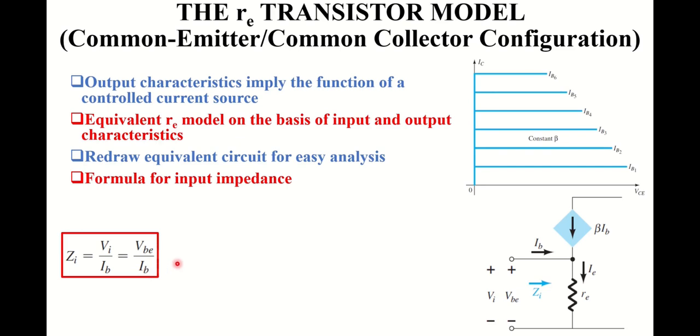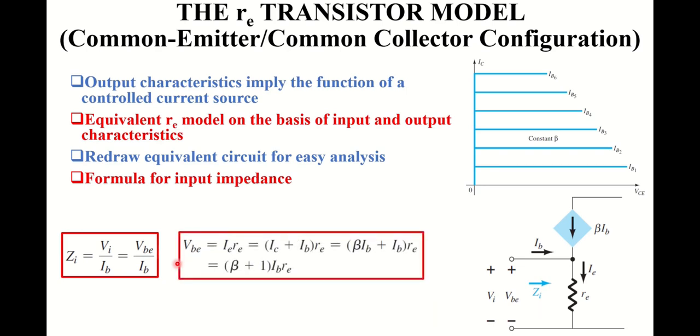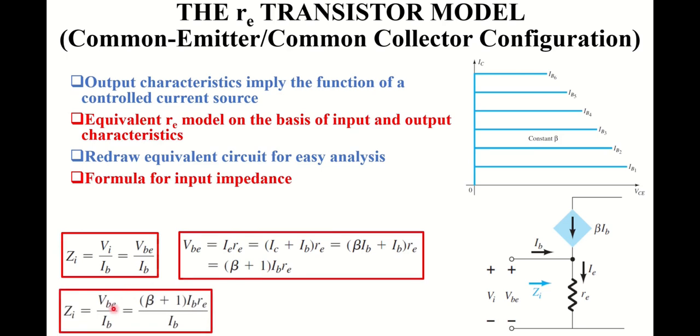Now by solving for VBE, we can easily derive that VBE is equal to beta plus 1 times IB RE. By replacing the value of VBE in the formula of input impedance, we get ZI is equal to beta RE.